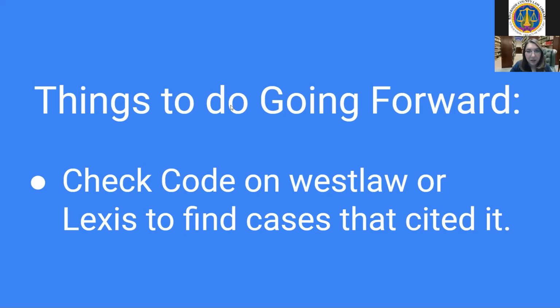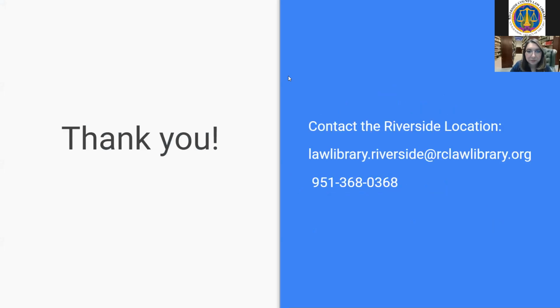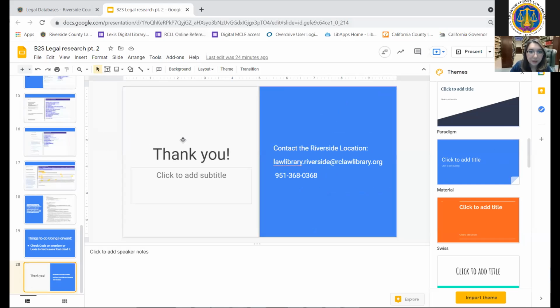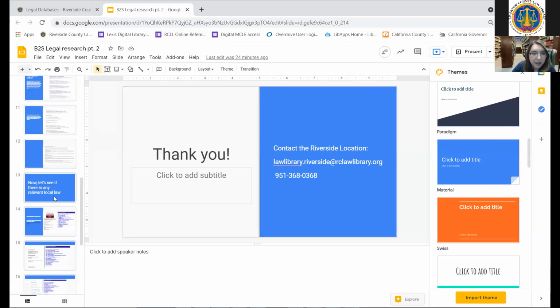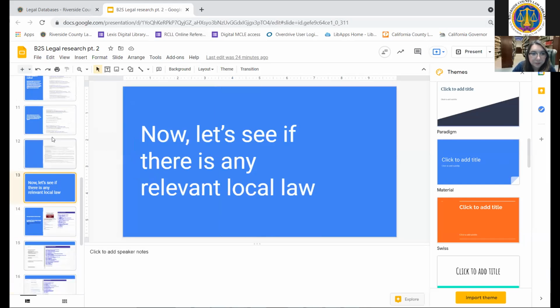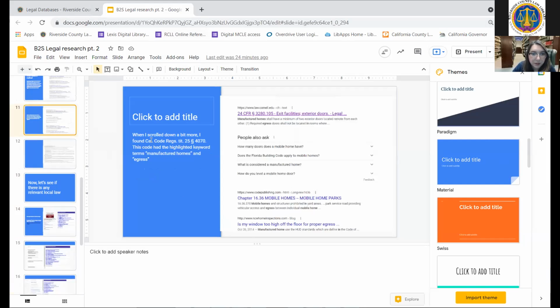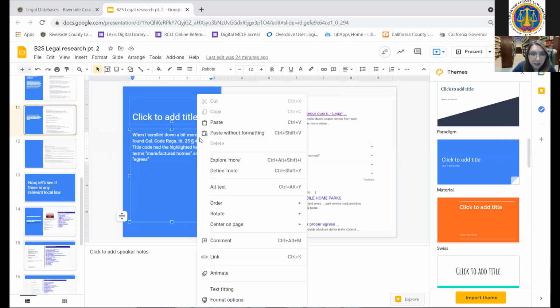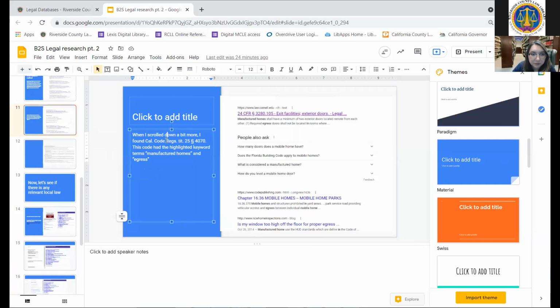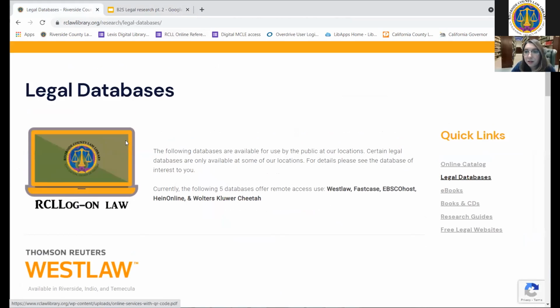Okay, so let us go back to the code. So right here, Cal codes, I'm just going to copy it. And then I'm going to go over to our database page.